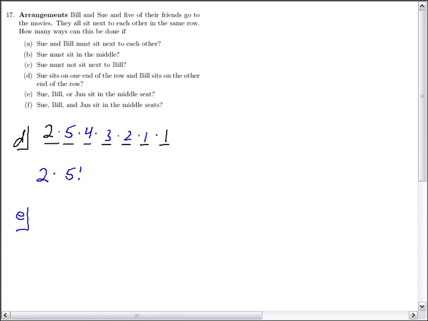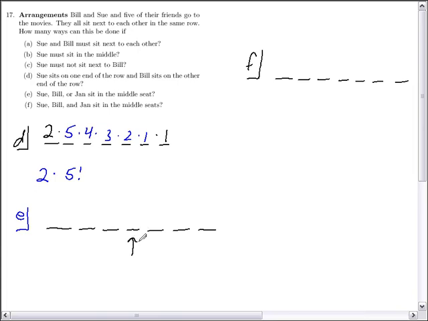Part E, Sue, Bill, or Jan sit in the middle seat. In part F, which is very similar, we got to make sure we catch the difference. Sue, Bill, and Jan sit in the middle seats. Now part E says we're talking about the middle seat.